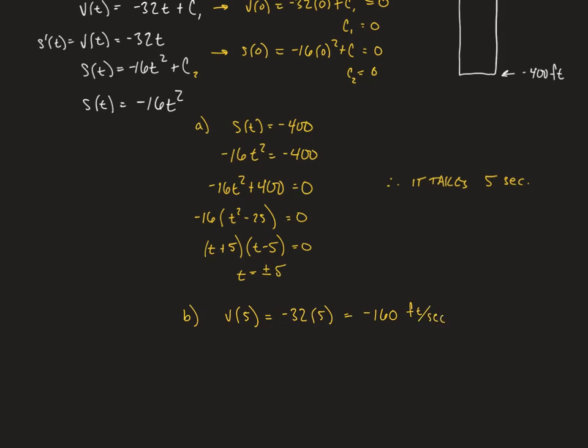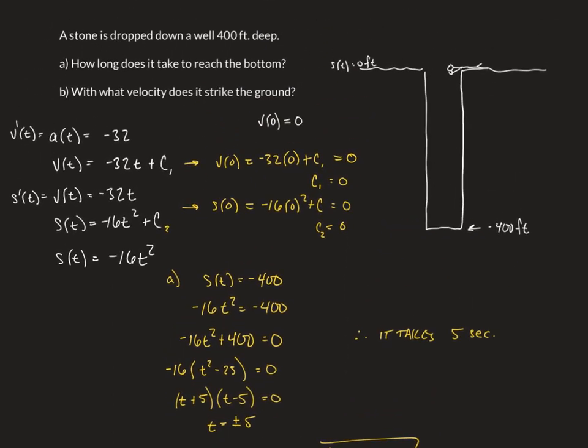The reason that can be negative is because we're indicating direction, right? We know the rock is traveling downward, and that's what the negative indicates. We would not say that for time because we can't go back in time. That doesn't make logical sense, but we can have a negative velocity.